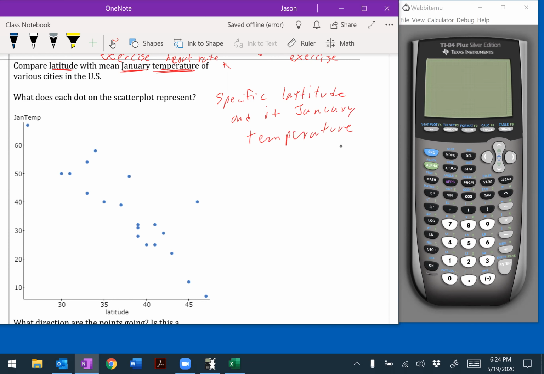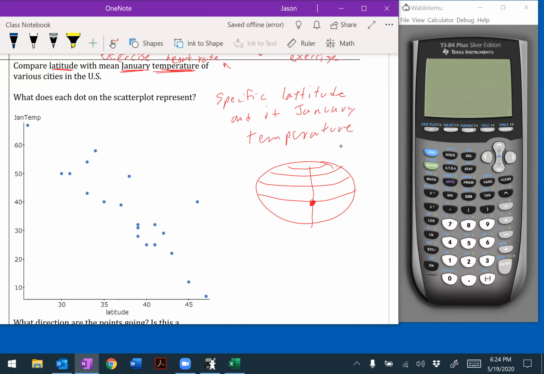So what's a latitude? Well, latitude is one of these circles on the Earth, okay, on the globe. If we're at 0 latitude, then that means we're at the equator. So at 0 latitude, the January temperature is going to be the same all year long. Okay, it's going to be a nice 70 some odd degrees, maybe 68 degrees all year long.